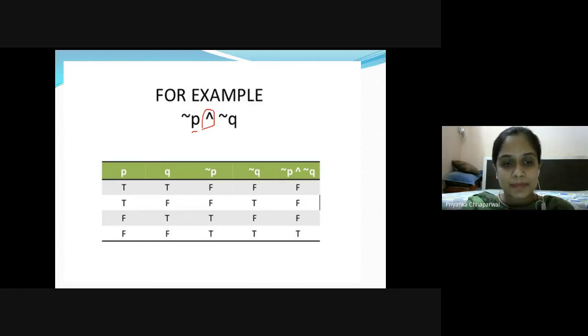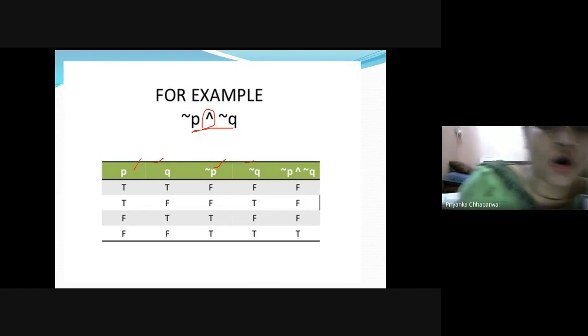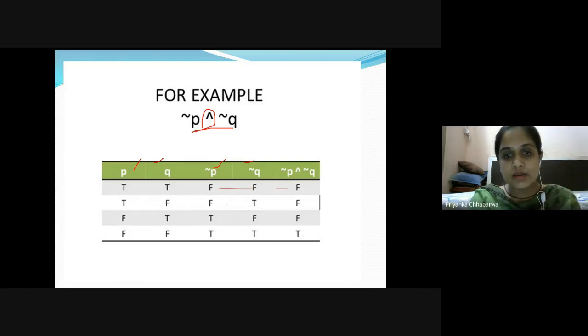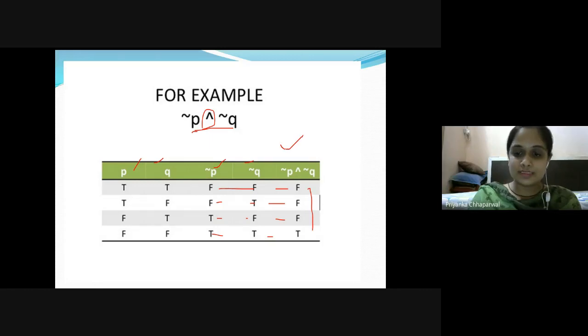So first of all आपने P find किया, then you have to find Q, then you find negation of P, negation of Q, then you just find P, negation of P or negation of Q. So how to find: at least अगर एक भी true है तो answer is true, both are false then it is false, false true it is true, true false it is true, true true it is true. So आपका आंसर क्या आ रहा है, ट्रू एंड फॉल्स में आ रहा है. So it is the example of the contingency.